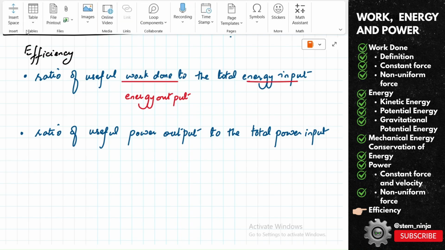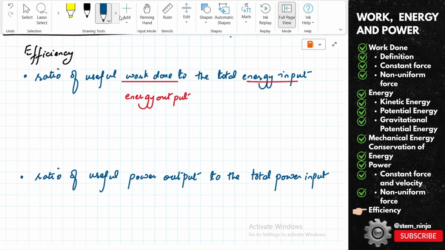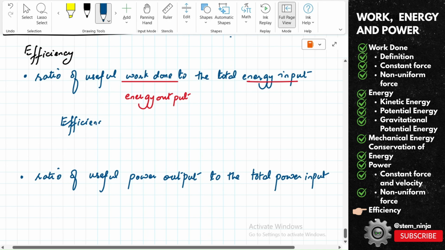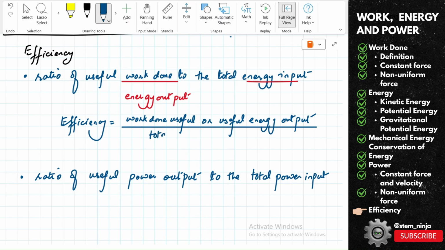So for the first one, the equation of efficiency looks like either the useful work done, or any useful energy output, over total energy input.